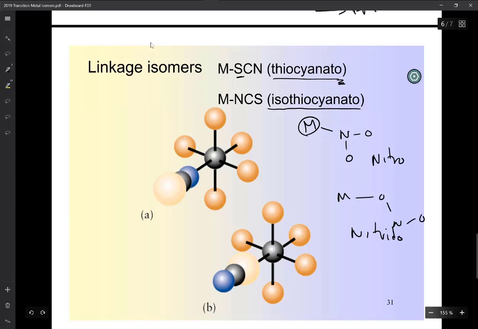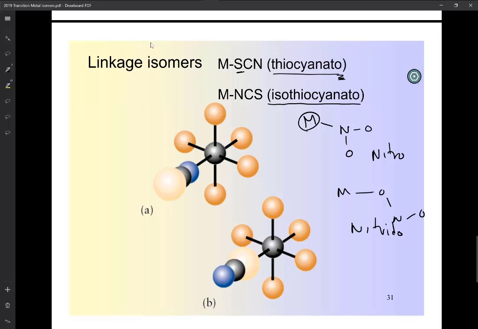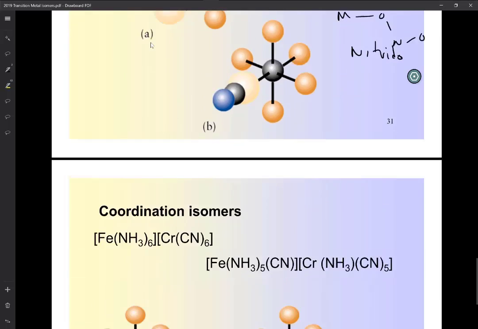How you know which end is bonded requires some spectroscopic techniques to tell bond strengths and what's bonded to what. You don't have that exposure, but just so you know, the SCN ligand can be bonded two different ways, just like the nitro and the nitrito ion can be bonded.